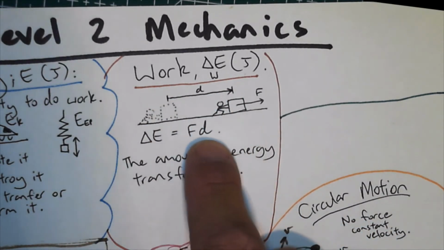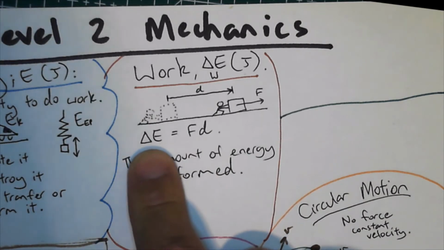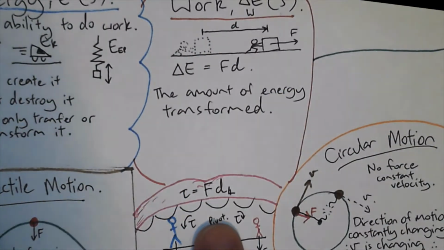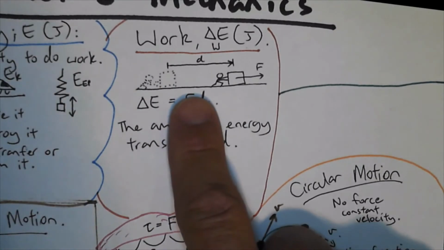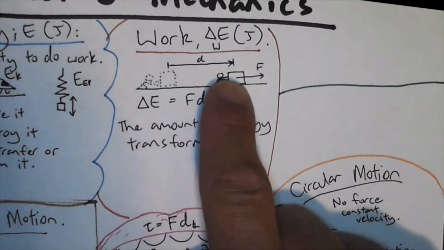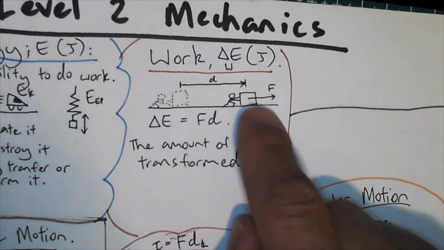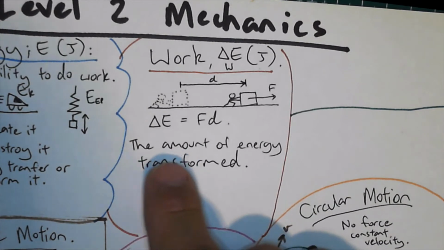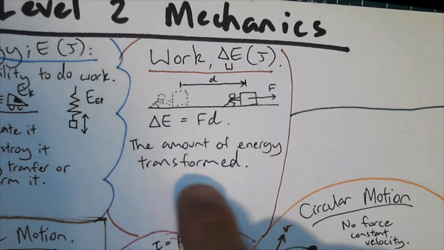The force times the distance is equal to the amount of work that is done. Now this force times distance is different to this force times distance down here. This is talking about right angles and torques. This is talking about forces that are acting in the same direction as the displacement. Another way to think about work, which I find a bit more intuitive, is that work is simply the amount of energy transformed.